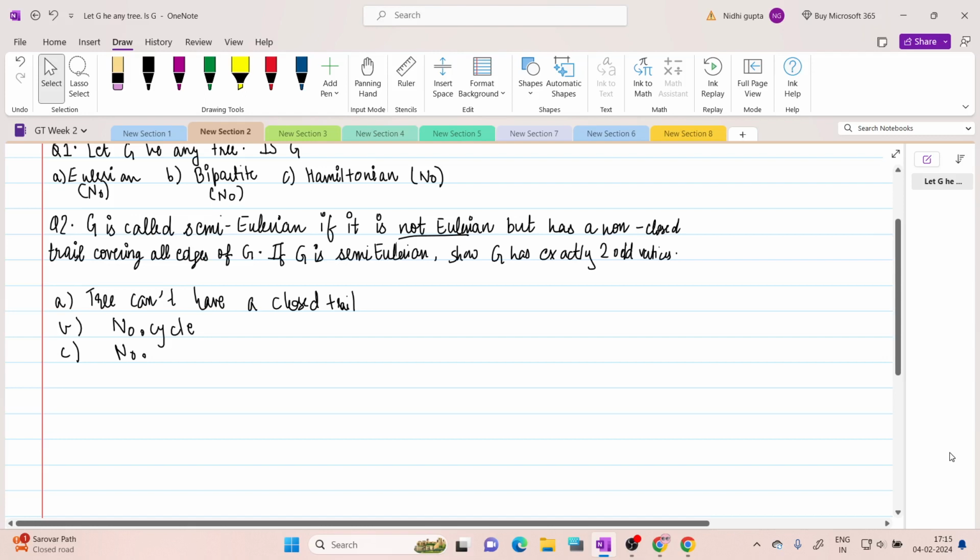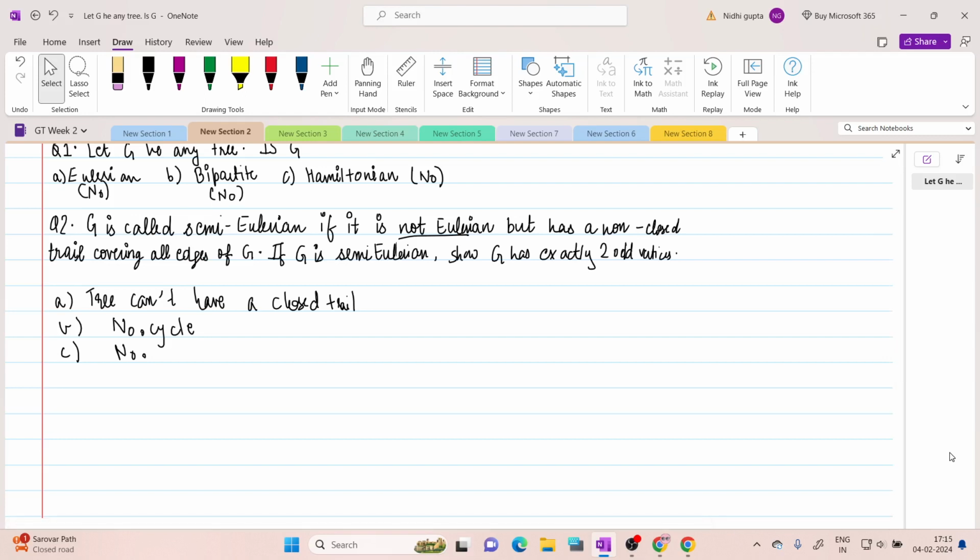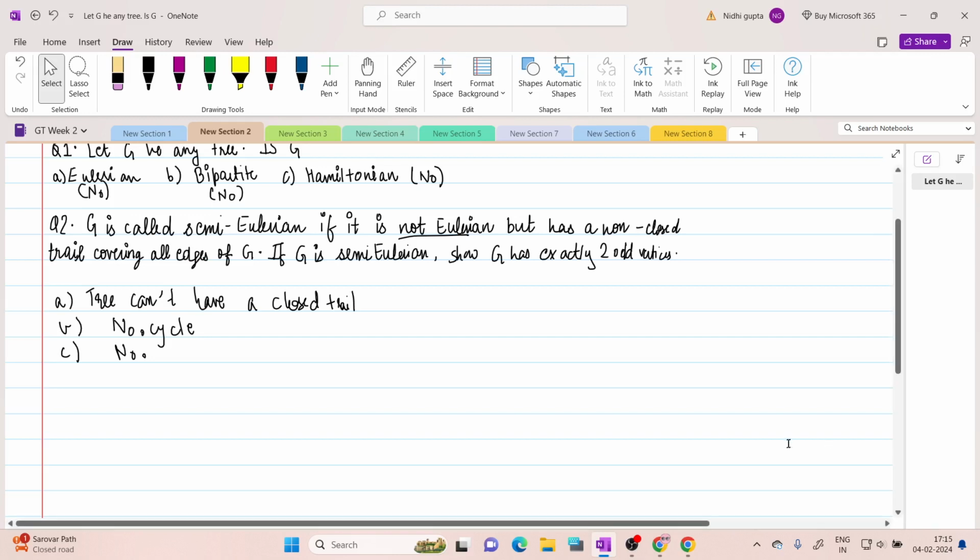So basically no edges should be repeated, plus we don't want it to be a closed trail either.